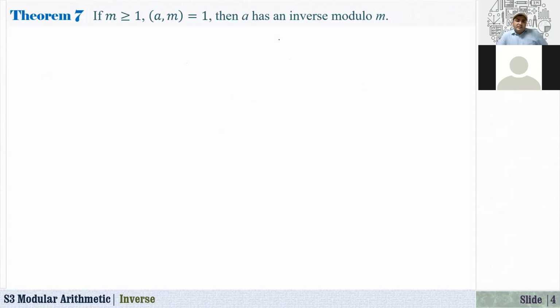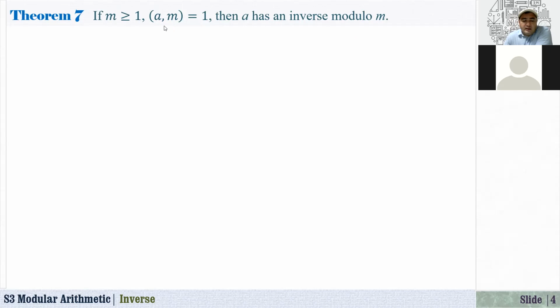Okay, now this theorem says that if M is a positive integer, and positive integer means 1, 2, 3, 4, 5, and also the highest common factor of A and M is equal to 1. This parenthesis A, M, how did we define this?